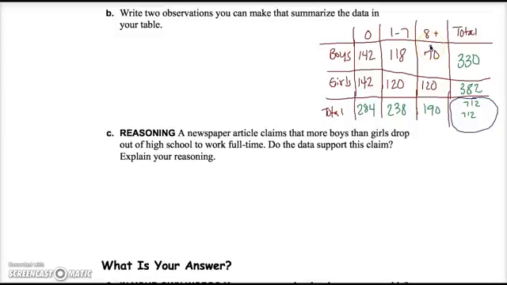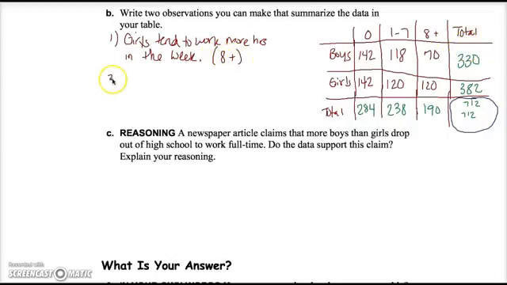So one observation that I'm going to make is that girls tend to work more hours in the week. Okay, that was the 8+, and I'll go ahead and put that in parentheses.